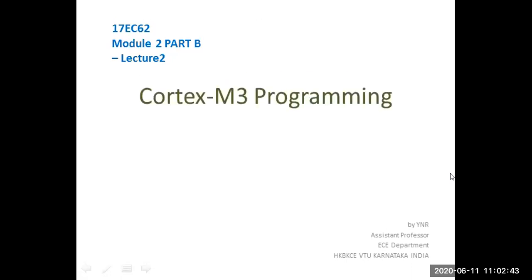Today's class is about CMSIS. I welcome you all to the Cortex M3 programming class. We'll begin our class. Today's topic is about CMSIS, which stands for Cortex Microcontroller Software Interface Standard.